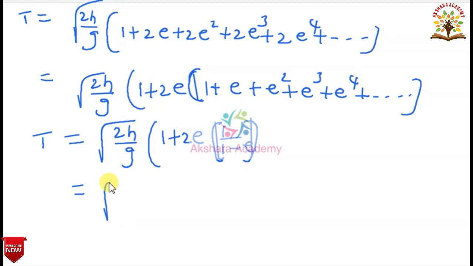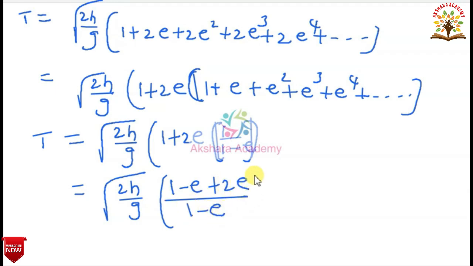That is equal to square root of 2h by g of 1 by 1 minus e plus 2e by 1 minus e.